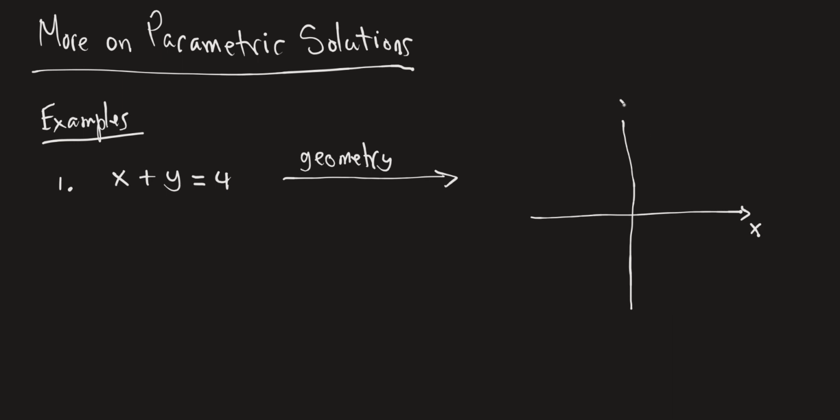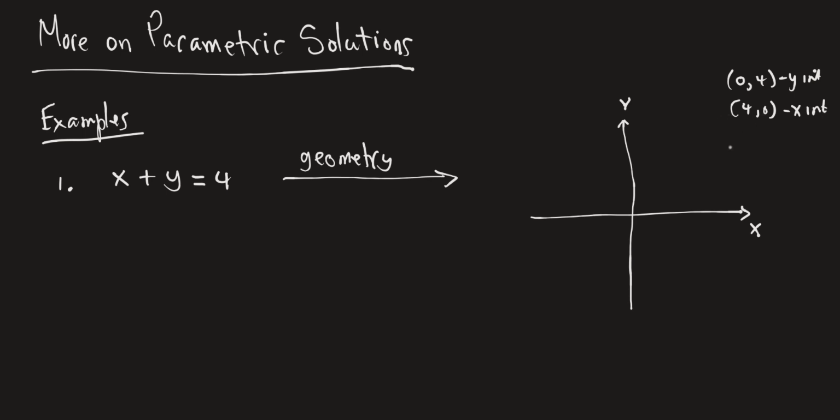We have our x and our y. And if you were to use the intercept method back in algebra, you could easily recognize that here we have 2 solutions, (0, 4) and (4, 0). If I write them as ordered pairs like this, then I can interpret this as the y-intercept, and this as the x-intercept.